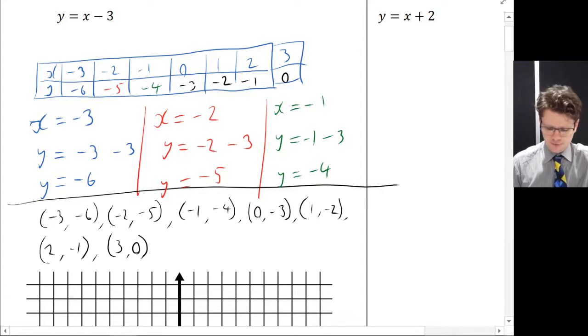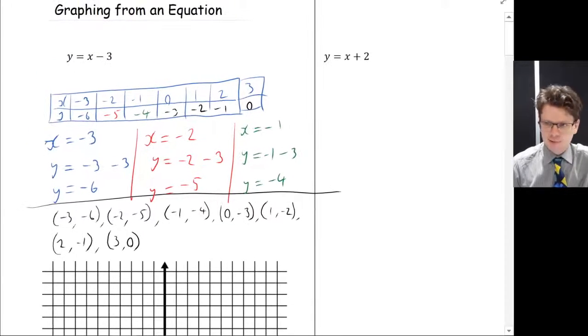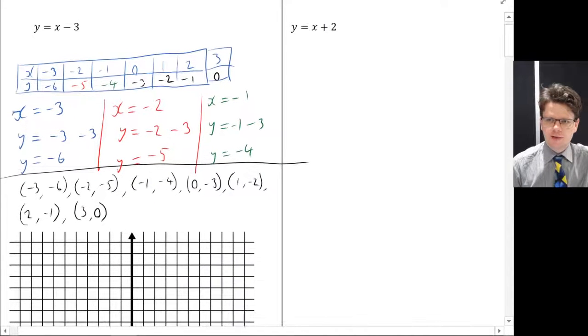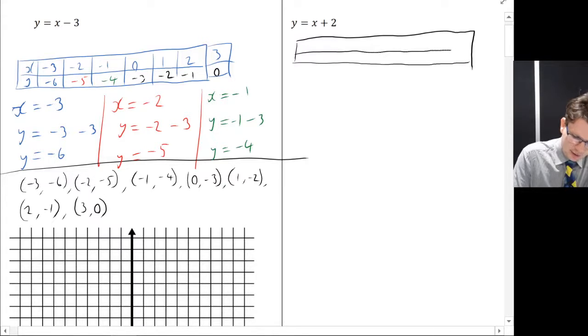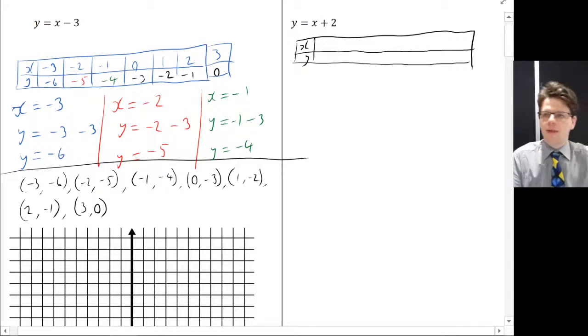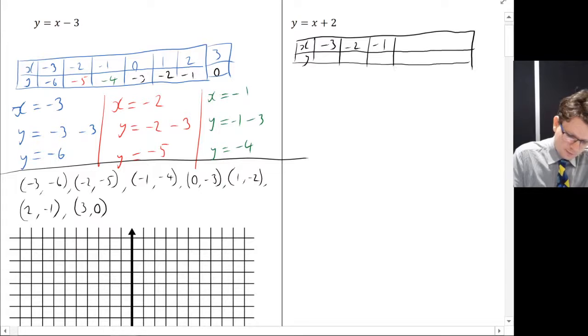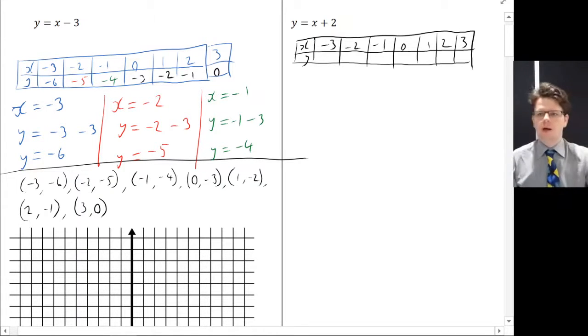Now it's your turn. So your equation is y equals x plus 2. So I want you to draw up your table, negative 3 all the way up to 3, fill it in, and then get ready by turning them into points afterwards. Pause the video now, have a go, see if you can catch up to where I'm up to.